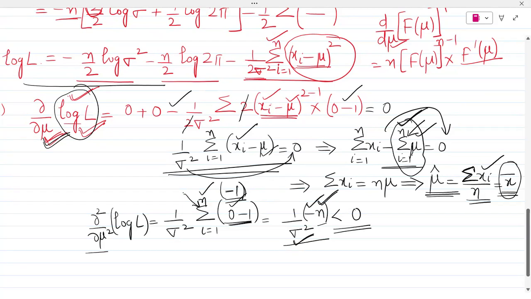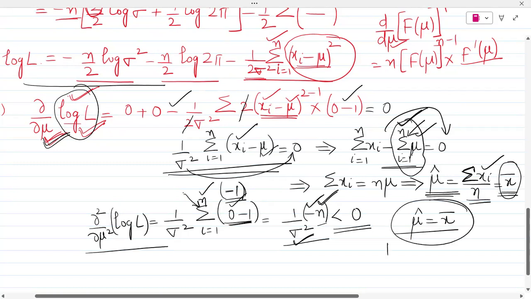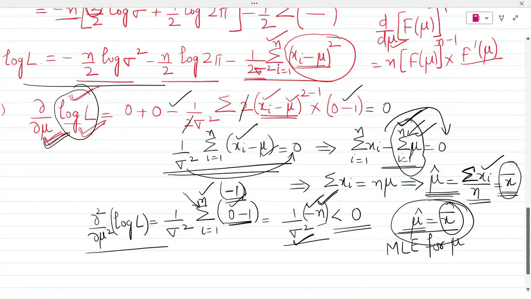This proves that mu cap equal to x bar is the MLE for mu, the maximum likelihood estimated value. The maximum likelihood estimated value of the population mean is the sample mean.